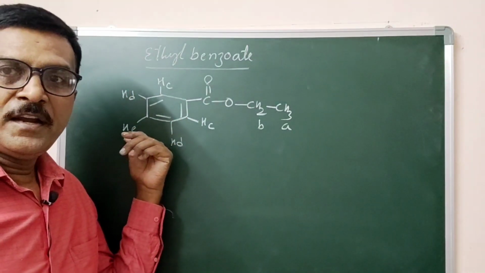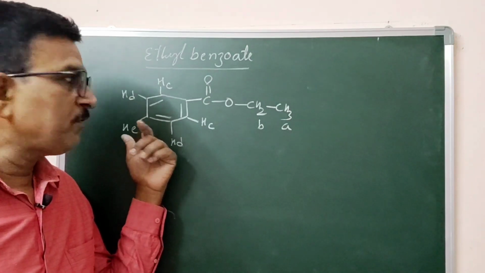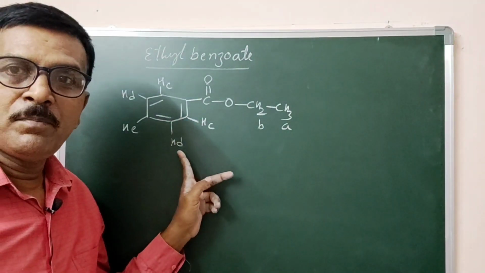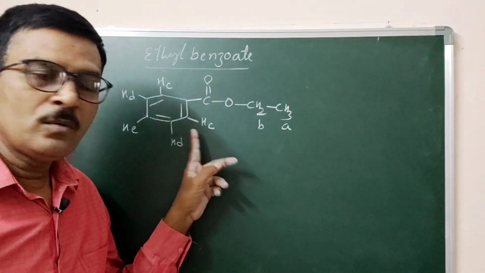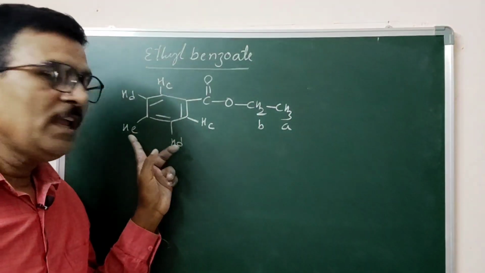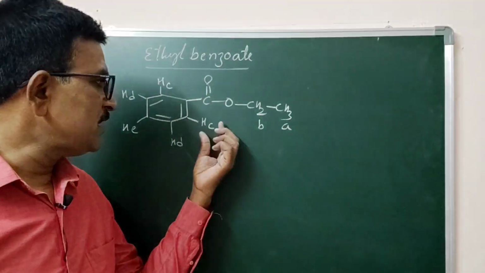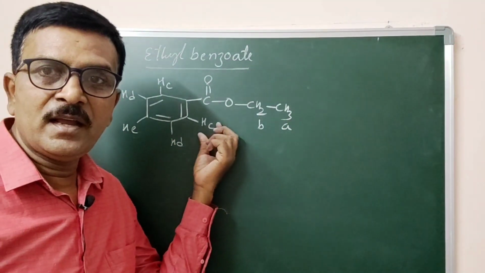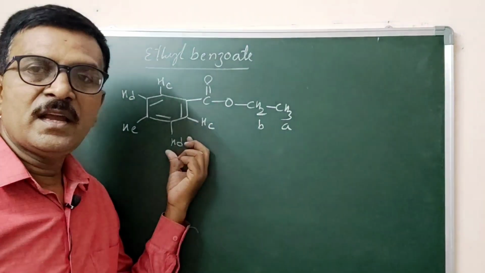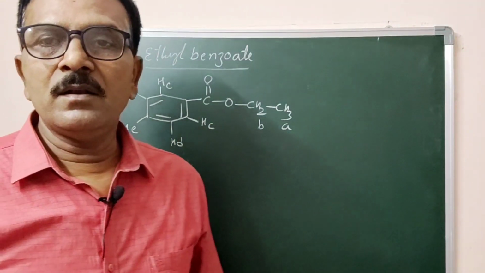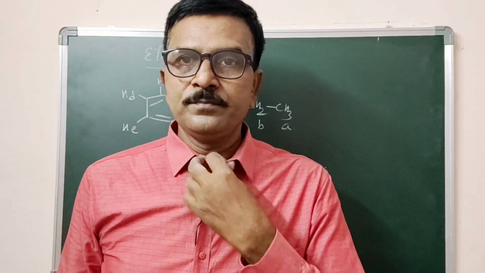And coming to the para hydrogen, this proton is different from C proton and D proton, as C is ortho, D is meta, E is para. So there are 3 sets of aromatic protons. C set has 2 protons, D set has 2 protons, and E set has 1 proton.